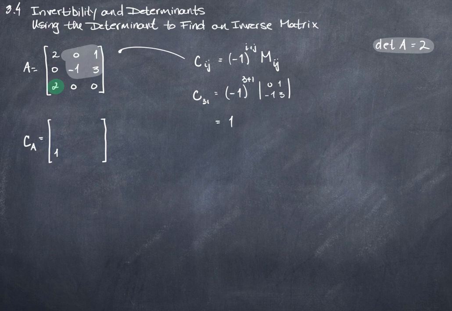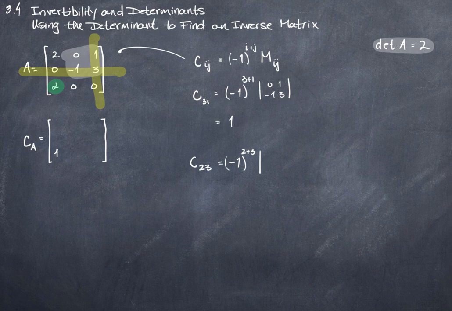Let's do one more together. Let's look for the cofactor for this position. So I'm in row 2, column 3. My cofactor for row 2, column 3 is going to be -1 to the power of 2 plus 3 times the determinant of what's left over.